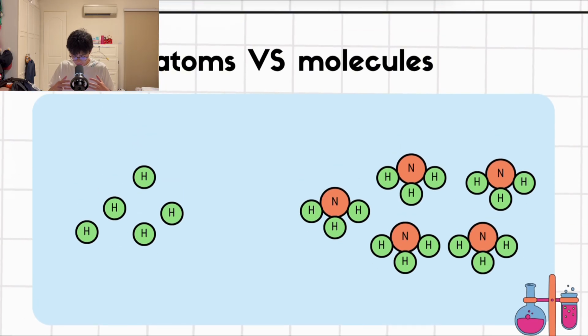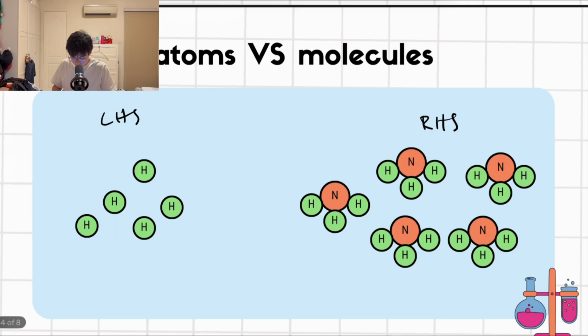And so if we look at these examples, atoms versus molecules, this exactly represents what I said just now. Although on the right-hand side shown here there are more atoms than the left-hand side, the number of particles is the same because a particle is an independently behaving, smallest unit.